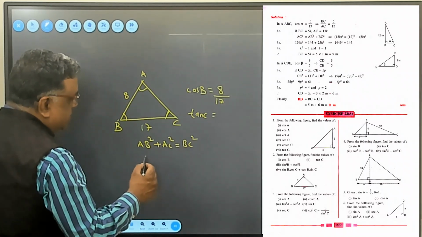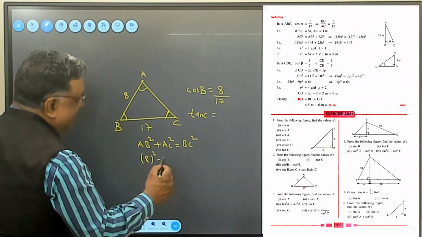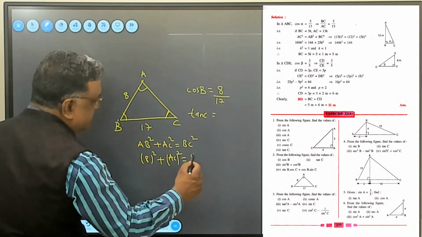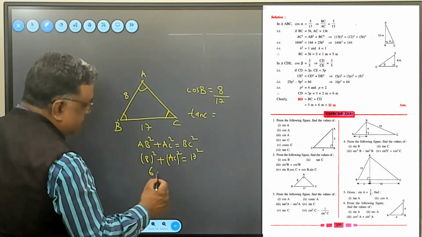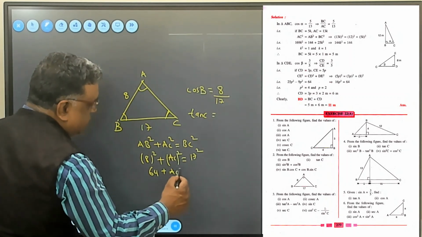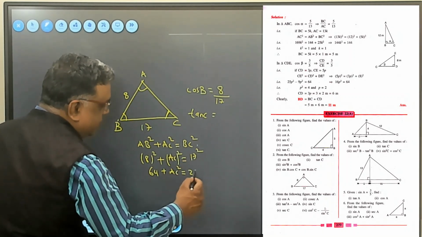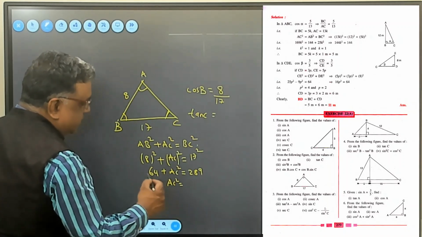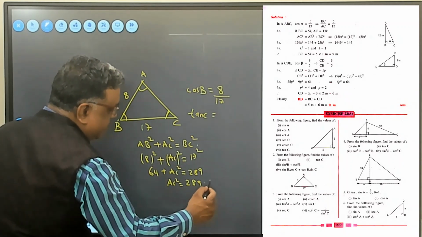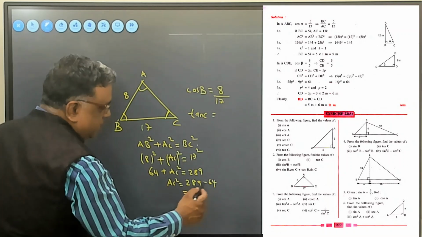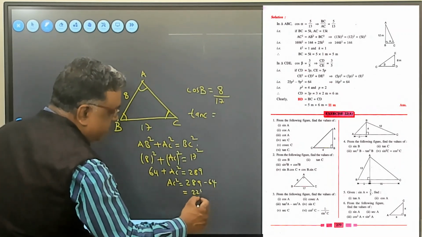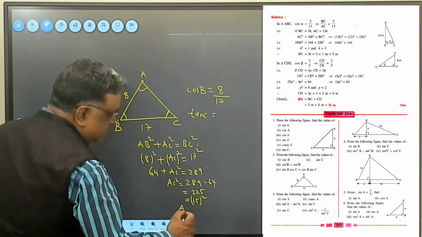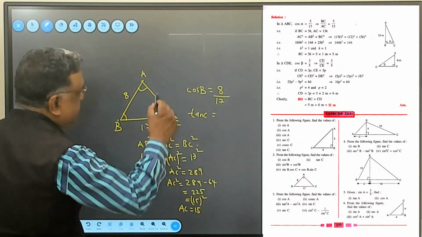So AB square is 8 square, AC square I need to find out, and this is 17 square. So 64 plus AC square equals 289, the square of 17. Then AC square becomes 289 minus 64, which is 225, which can be written as 15 square. So AC becomes 15. So this side is 15.